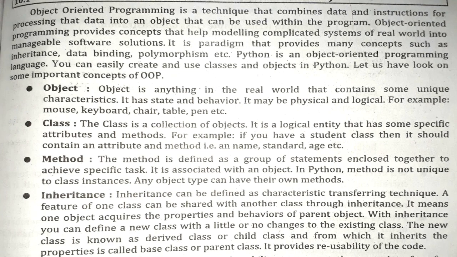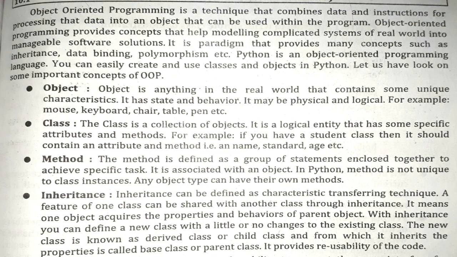The class can contain multiple methods, and whenever you want to call a class method, you first have to create the object, and with the help of the object only you can call the class method. So it's again similar to other programming languages.